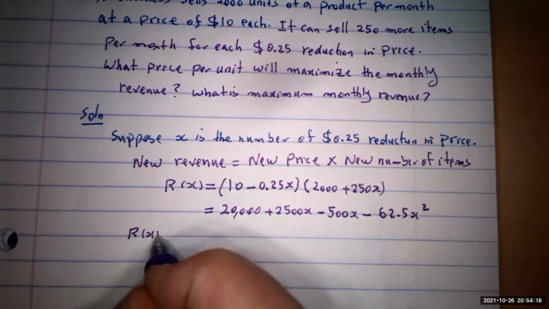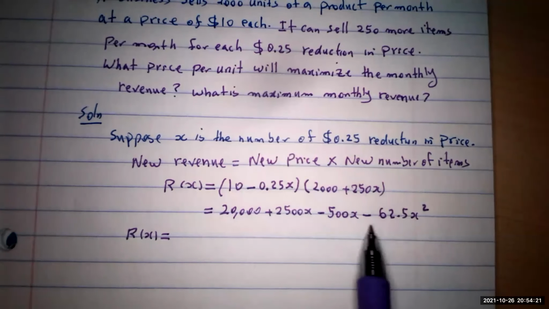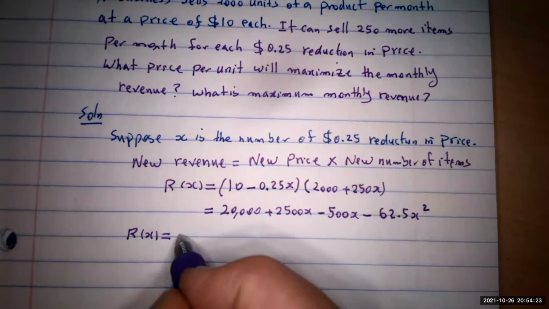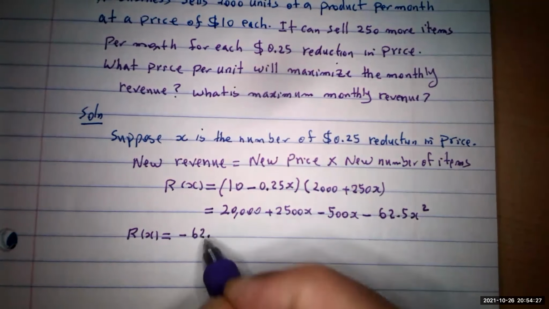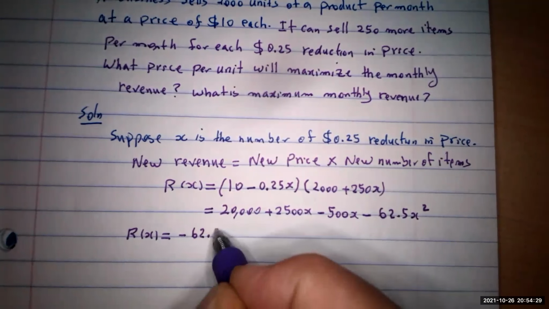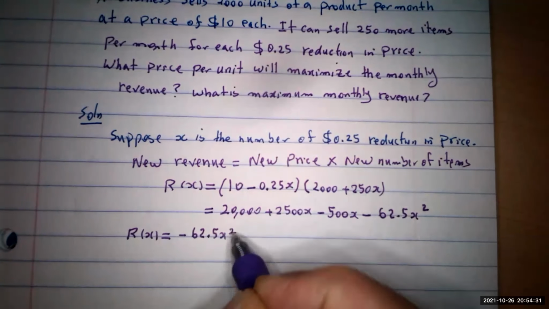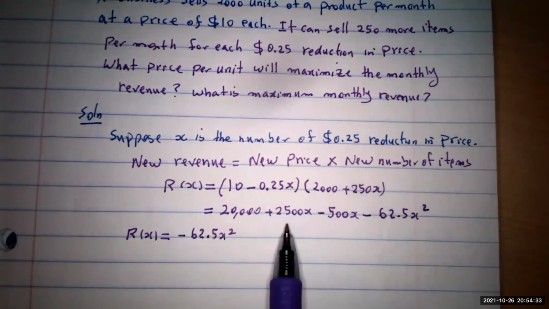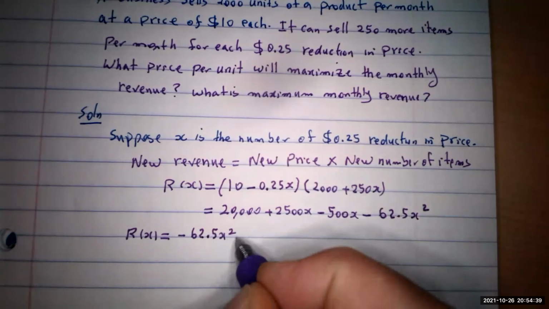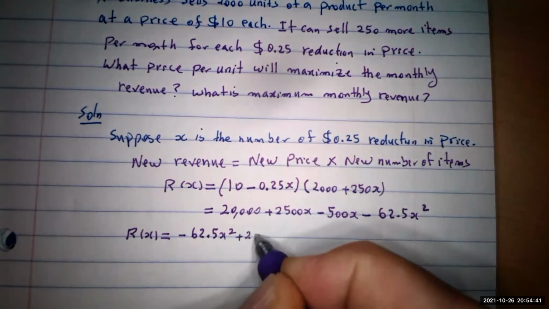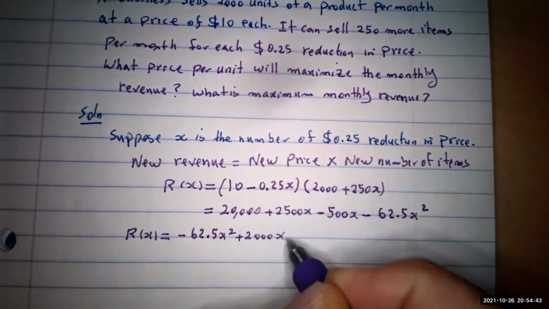So R of X is going to be equal to, I have only one X squared, so I pull this one here, it's going to be 62.5 X squared. Then I have 2,500 X and 500 X, that makes it 2,000, so that would be plus 2,000X.